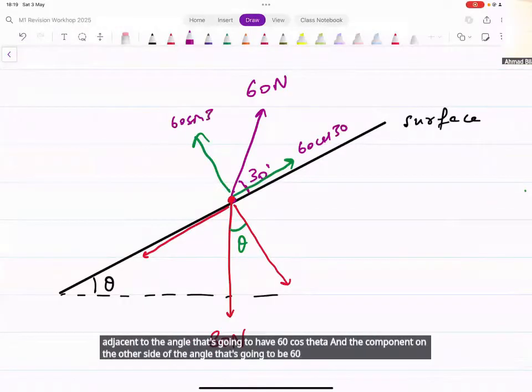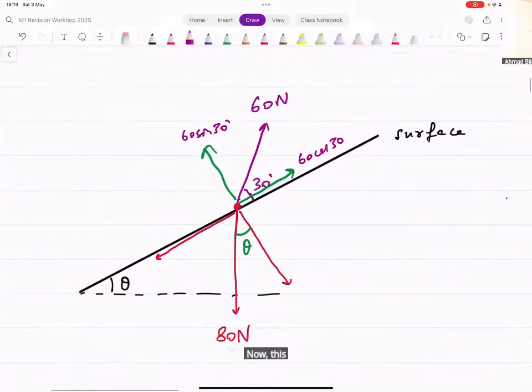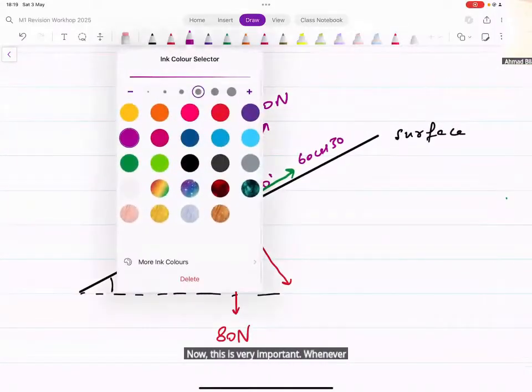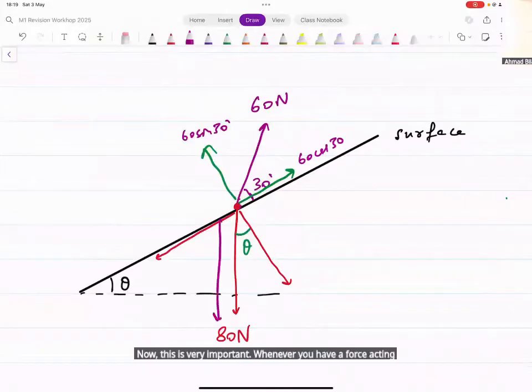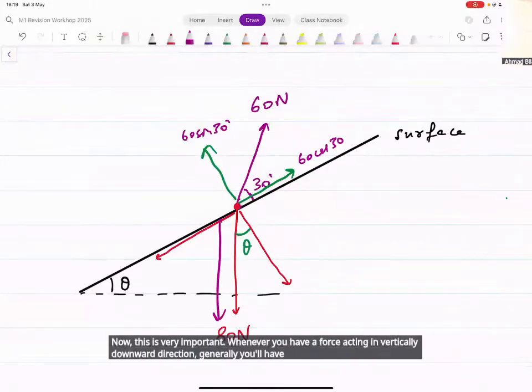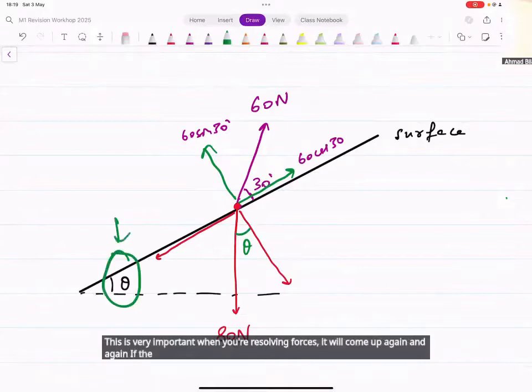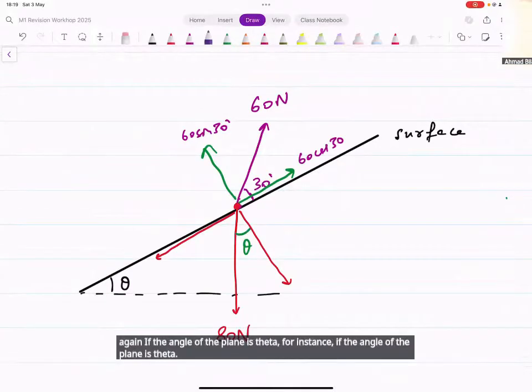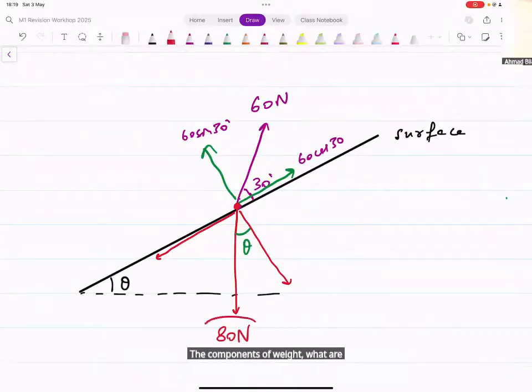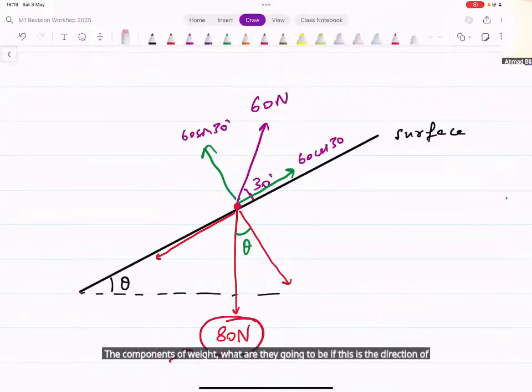Now, this is very important. Whenever you have a force acting in a vertically downward direction, generally you'll have weight acting vertically downwards. This is very important when you're resolving forces. It will come up again and again. If the angle of the plane is theta, the components of weight, what are they going to be? If this is the direction of weight, that's always the direction of weight, vertically downwards.